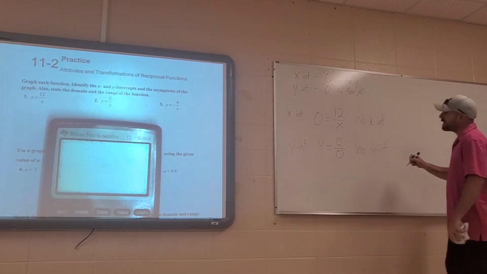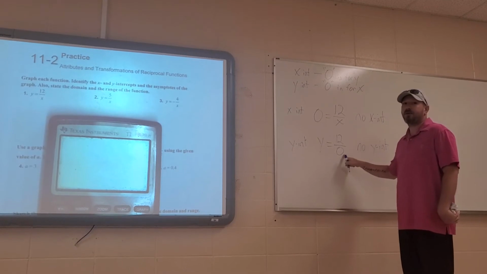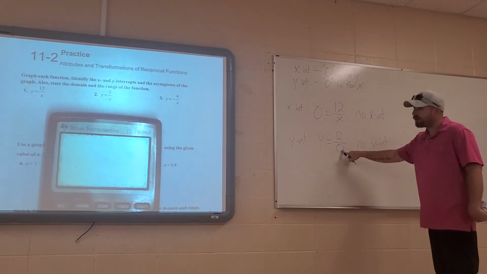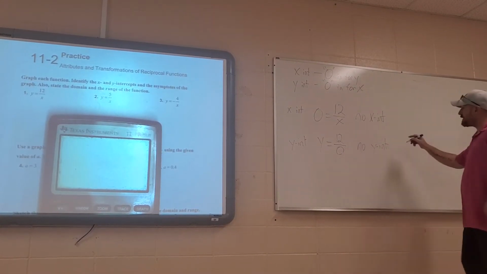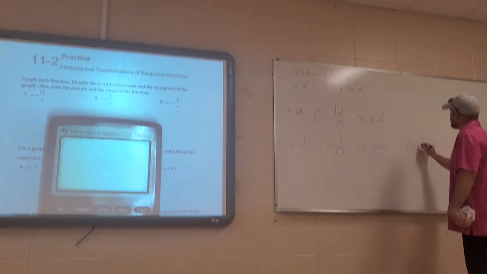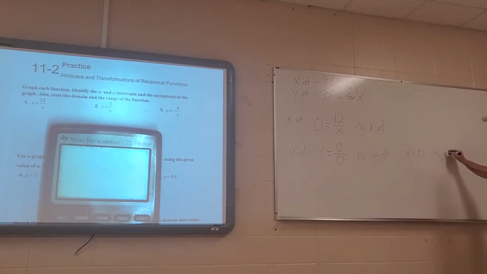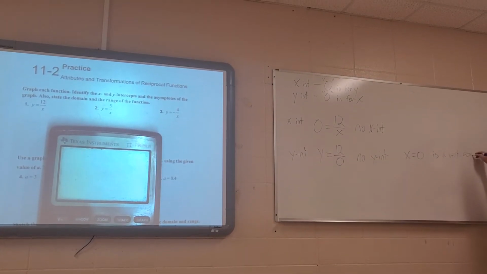Now, when we look at asymptotes, anytime you have a 0 in the denominator, you get an asymptote. So, right here, when x is 0, so x equals 0 is a vertical asymptote.